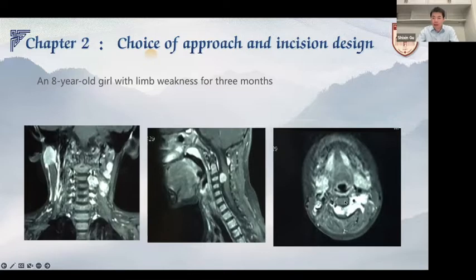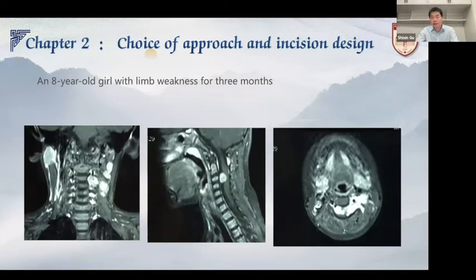Please note that this part is not the spinal cord. It is a vertebral body. The spinal cord is so compressed that it cannot be seen. The tumor grows out of the spinal canal through the intervertebral foramen on one side.